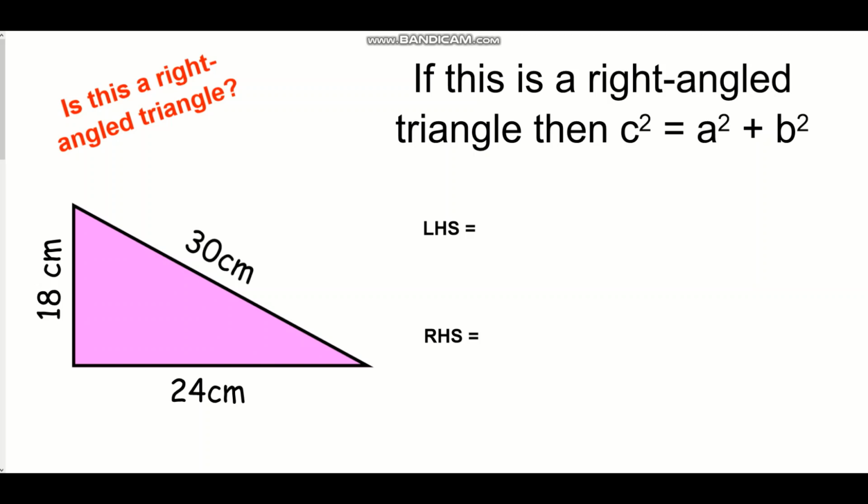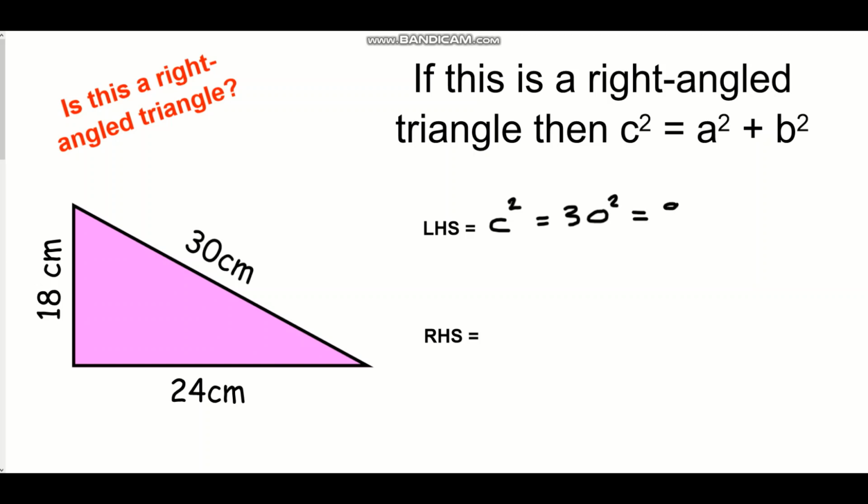And then what you have to do is test that by completing each side of the equation separately. So the left-hand side of Pythagoras' theorem is c squared. In this case, c squared is going to be the same as 30 squared from my triangle. Remember, our longest side is always our c side.